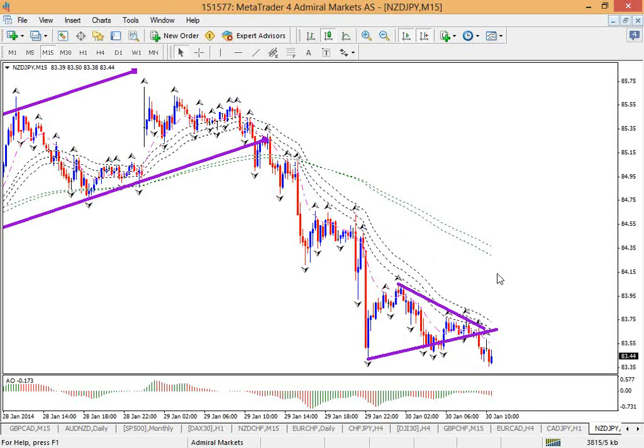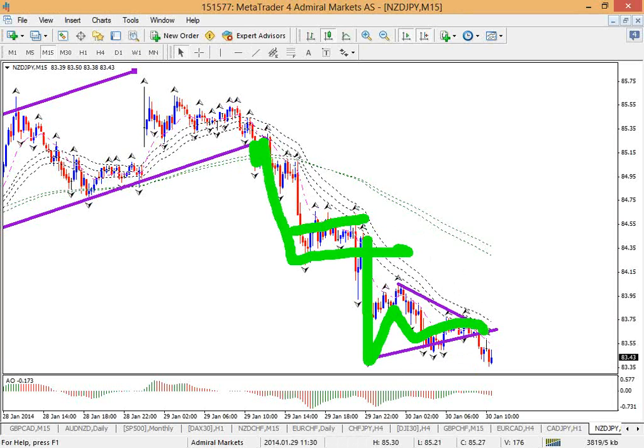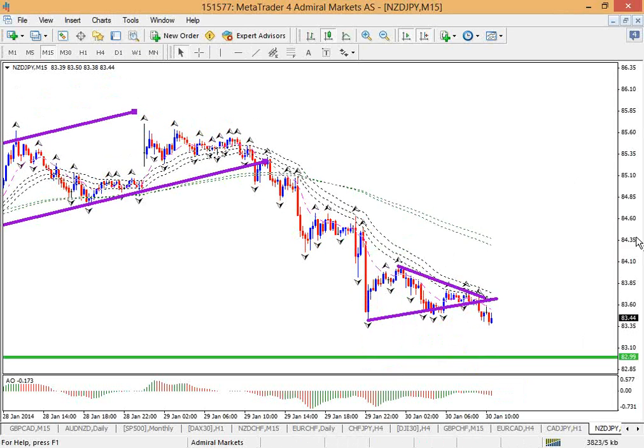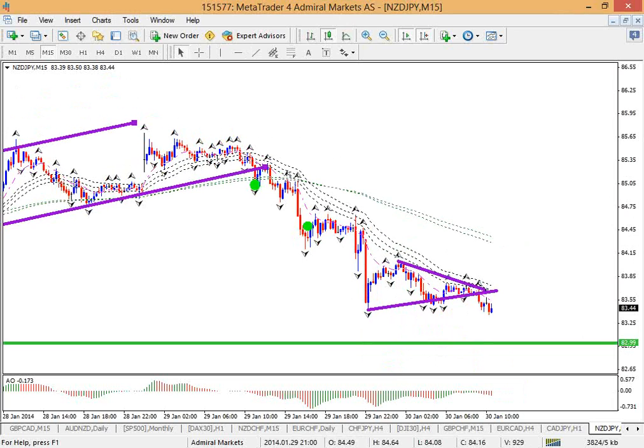Yep, it would be more of a continuation trade, because the first breakout was all the way higher, right? The first break, pullback and go. Then we had a smaller bull flag again, another break. So this is already the first, second, third break.